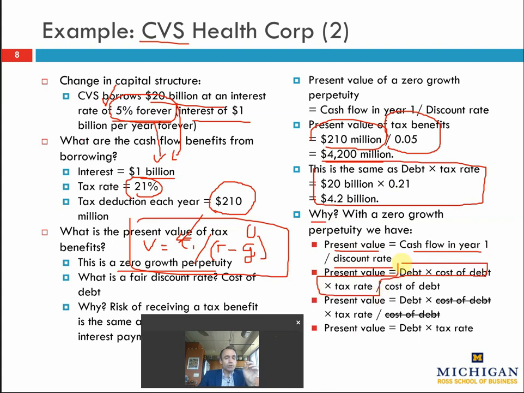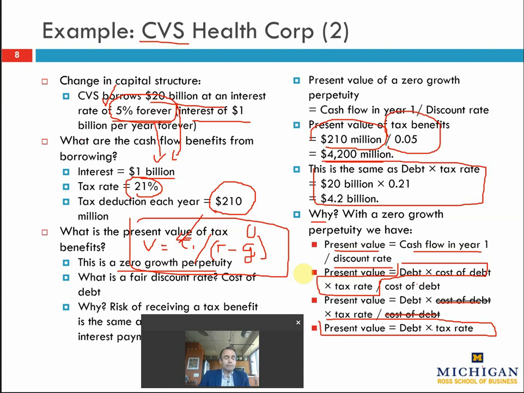That was our $210 million figure. The discount rate is the cost of debt because we said that the interest tax deduction is going to be the same risk as the interest payments themselves. So I've got the cost of debt in the numerator and the denominator, so they cancel out. So I could say the present value of the additional cash flow from the borrowing project is the amount of debt times the corporate tax rate.